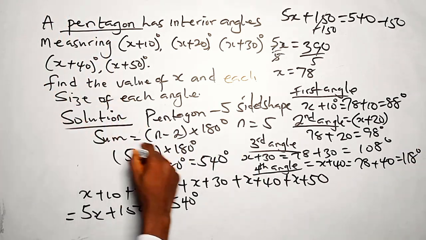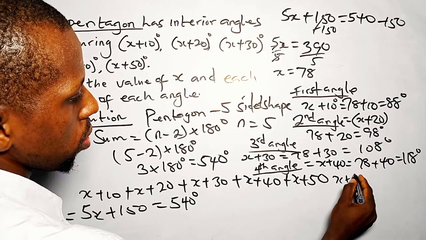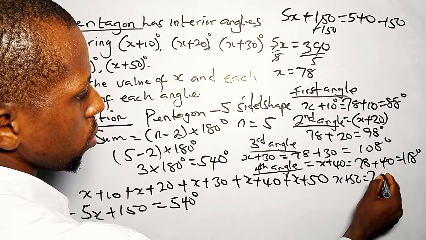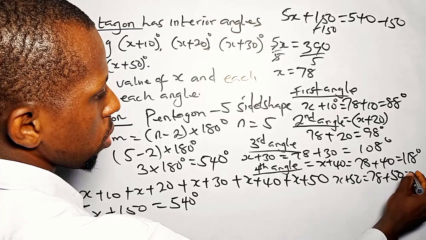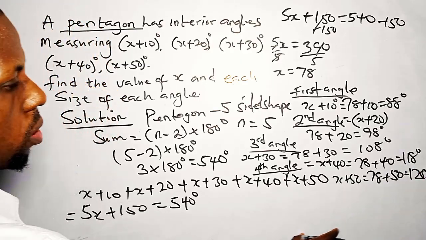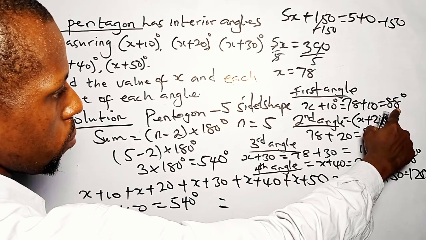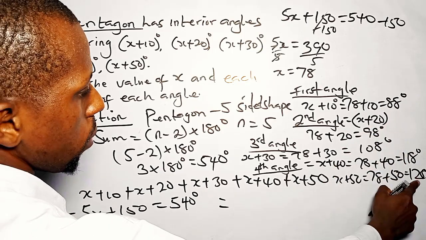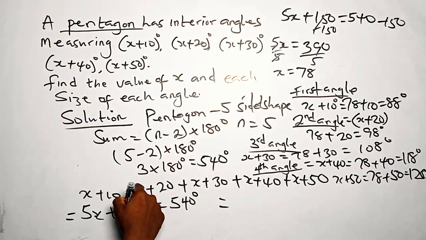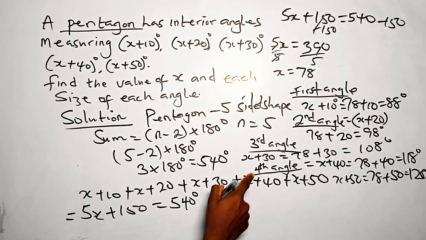And for the last one, we have x plus 50, so 78 plus 50 gives 128 degrees. To know the total, by the time we add up all these results, we are going to arrive at 540 degrees. Let us check that out.